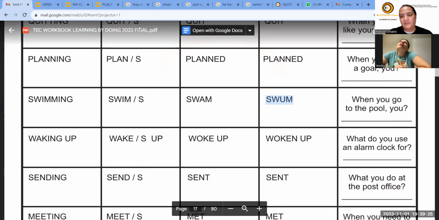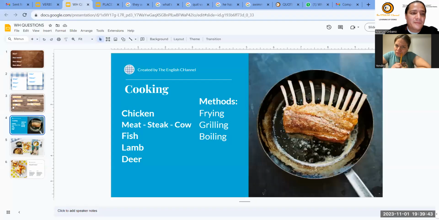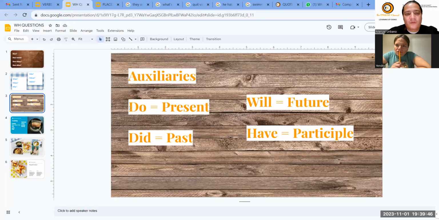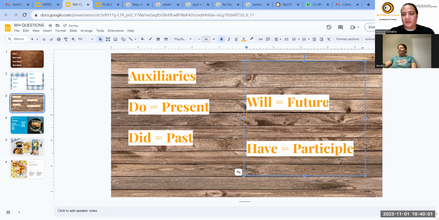Which are the auxiliaries? The auxiliaries are different. For do, you have it in the present. For did, you have it in the past. For will, you have it in the future.